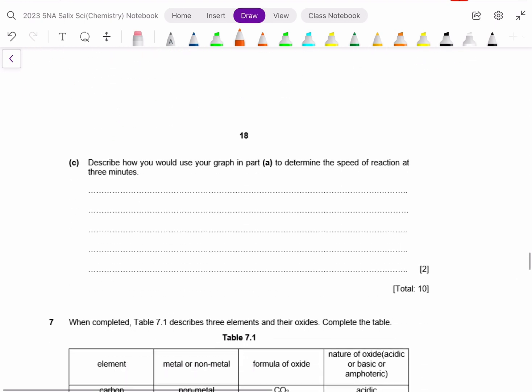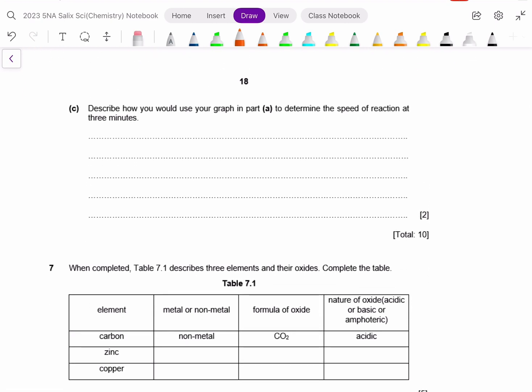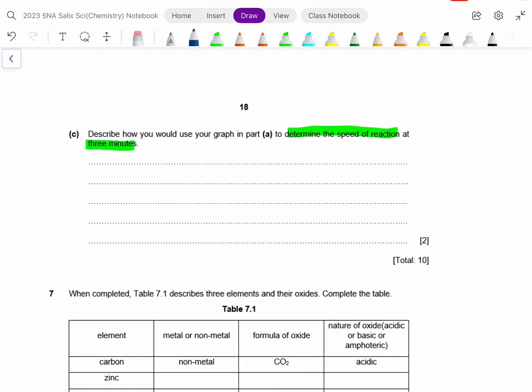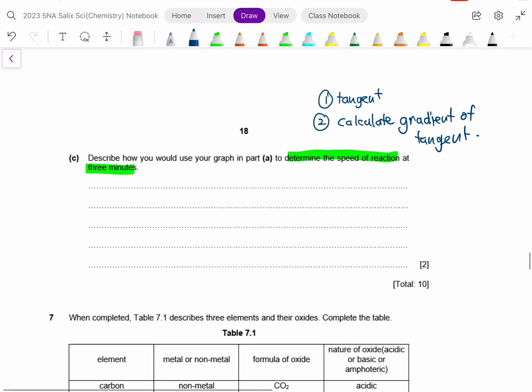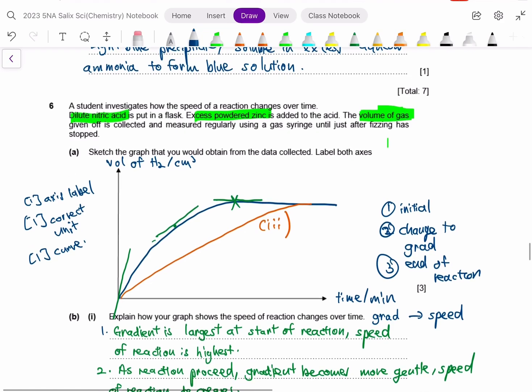Then describe how you use your graph in part A to determine the speed of reaction at 3 minutes. This one is the at-that-instant one. You have to mention a couple of things. First is a tangent, then how you calculate the gradient of the tangent.